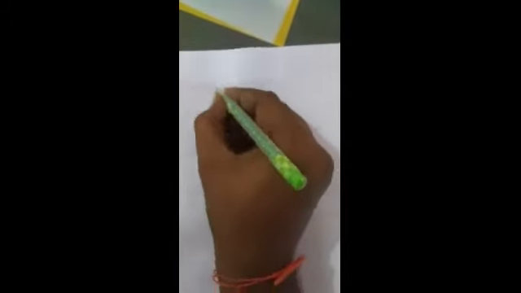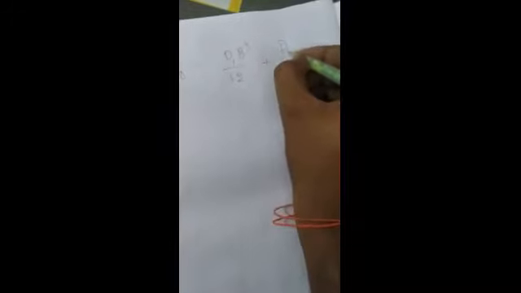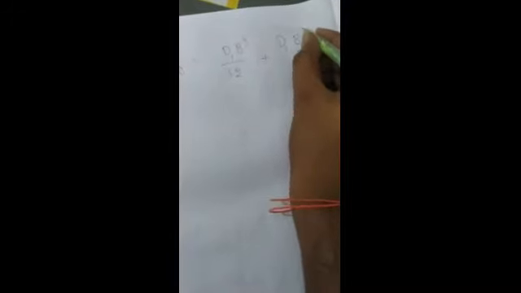Here Y1 bar we have already calculated, Y1 bar minus D2 by 2. Okay, here we calculated Ixx and Iyy, which is equal to D1 B cube by 12 plus D2 B2 cube by 12.